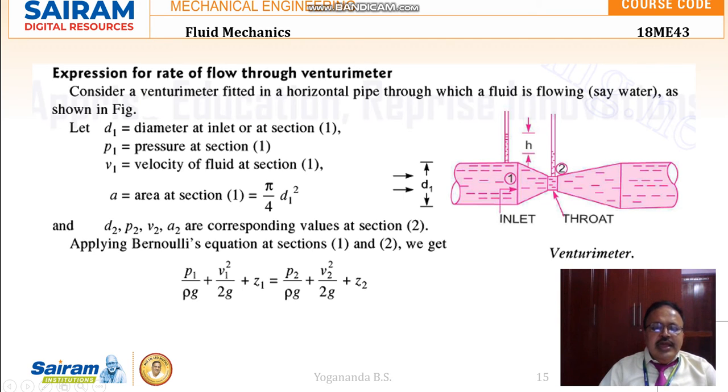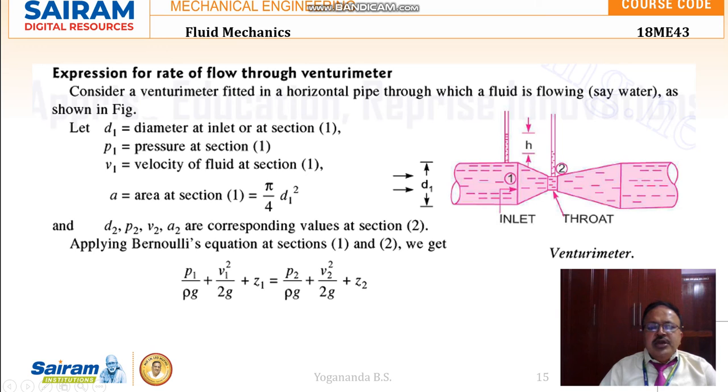The sum of the three heads at section 1 will be equal to the sum of the three heads at section 2. Because there is a gradual change in the diameter of the flow, the energy possessed by the flowing fluid changes, so there is a change in the pressure.